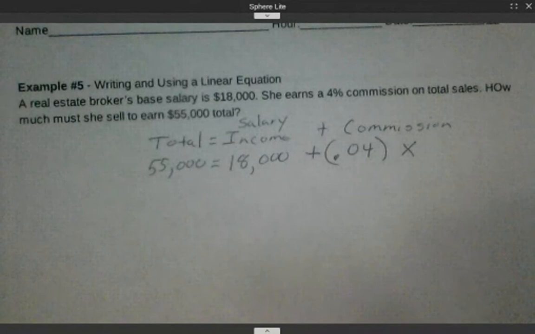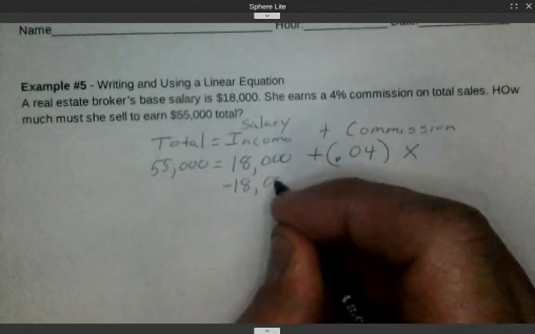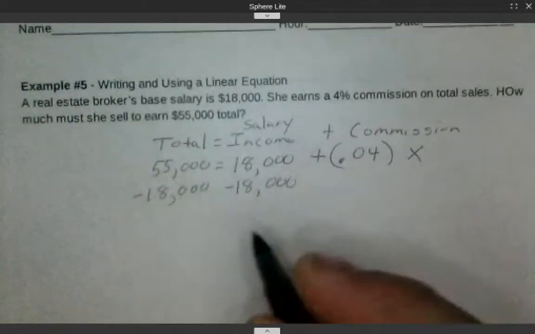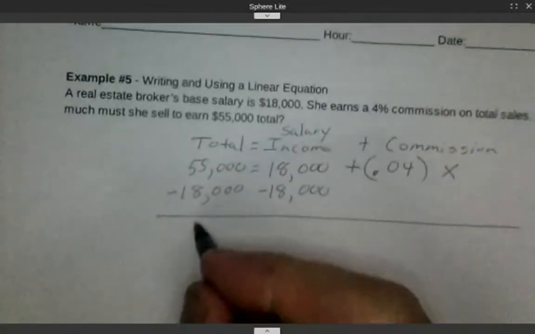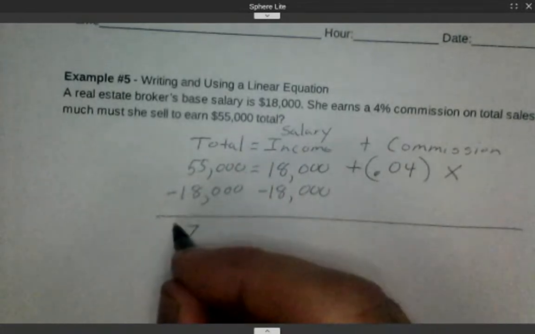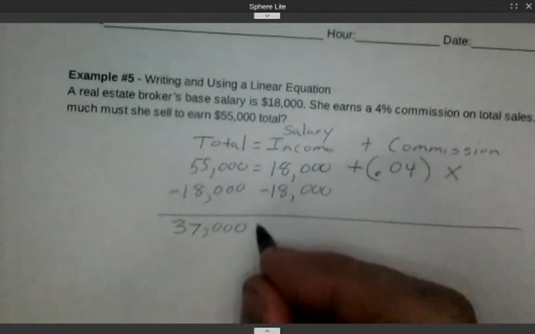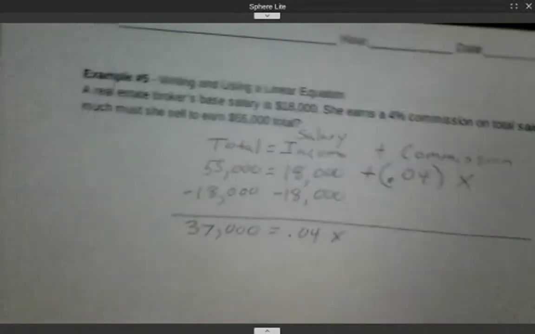So now it's just a 2-step equation. I'm going to subtract 18,000 from both sides. And when I do this, I'm going to figure out what this is. So this will be 37,000. And then I have 0.04x.